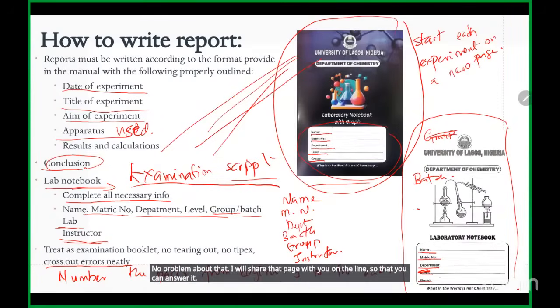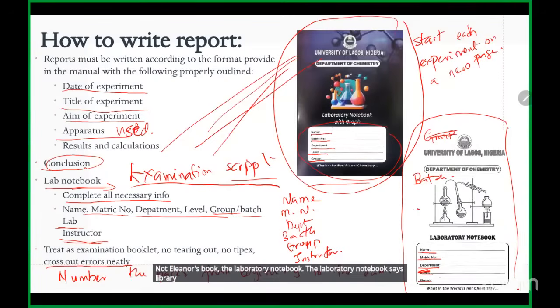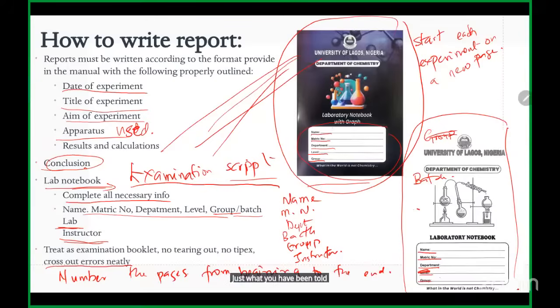All answers should be provided in the laboratory notebook, not any notebook. The laboratory notebook says "laboratory with graph." Please ignore that statement. Just what you have been told to buy, bring it, whether it has graph or not, as long as it is from the Department of Chemistry.